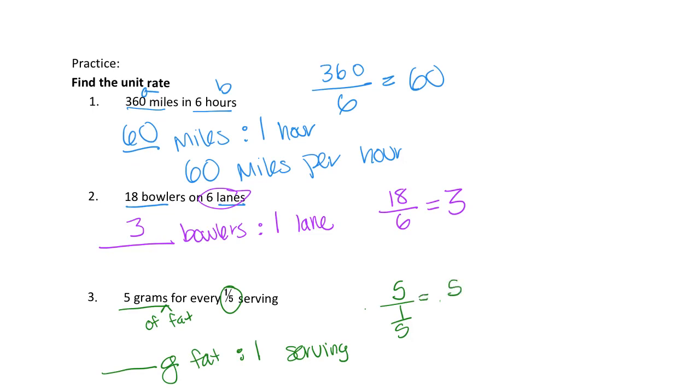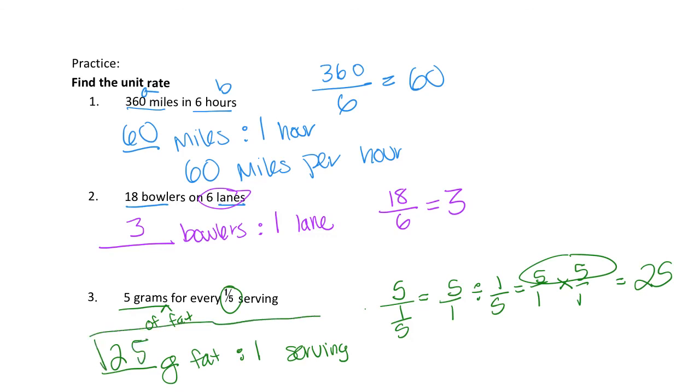This 5 divided by 1/5, but this has a fraction over 1. I keep the first fraction, I switch to multiplication, I flip the second fraction. 5 times 5 is 25. So there's 25 grams of fat per serving.